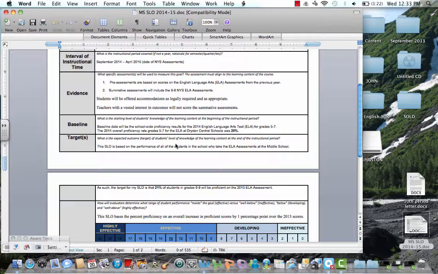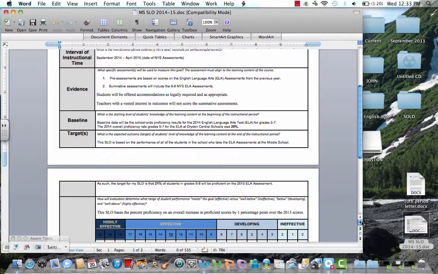We want to make sure that all students in the school take the ELA assessments in the middle school, and that when we talk specifically about what growth we'd like to see, we want a 1% growth, or that 21% of that collective 6-8 proficiency at the end of 2015 are meeting that on the ELA assessment, so 21%. That's the 1% growth, obviously.